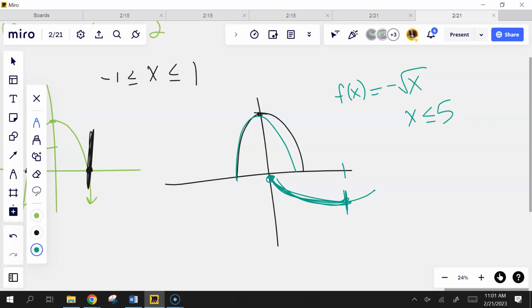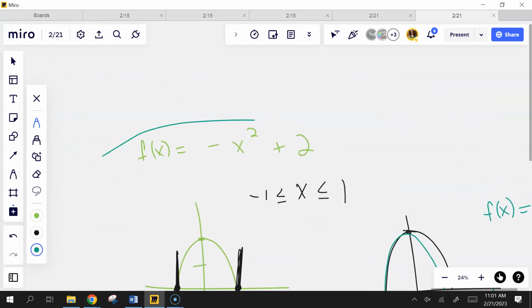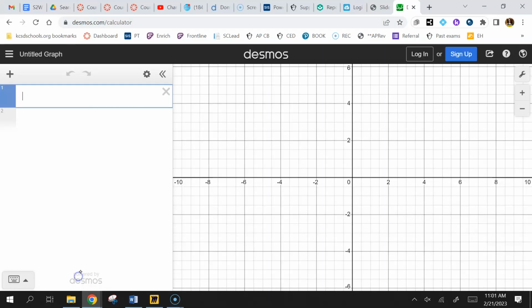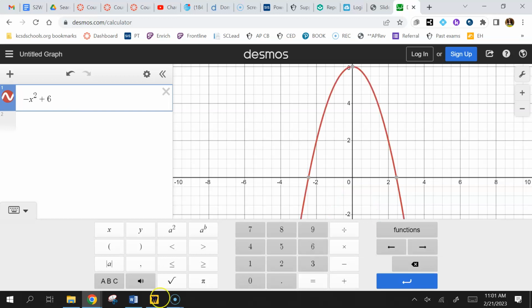So let me show you on Desmos how we're going to do this. And I'm just going to do this exact same example. You've played around with Desmos because we did the little activity in Desmos. So let's say I want negative x squared. What did I say, plus 6? I don't remember what I said.